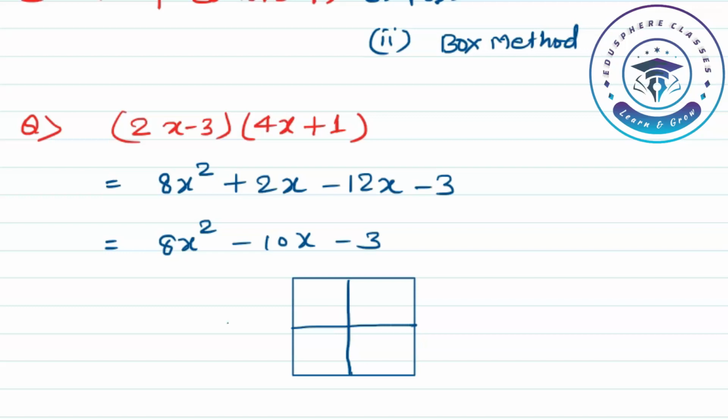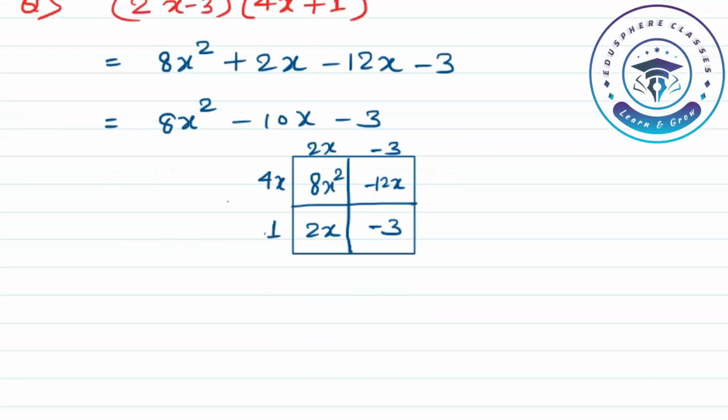So here we will be writing 2x, then minus 3, then 4x, plus 1. So 4x times 2x is 8x square. 4x times negative 3 is negative 12x. 1 times 2x, so we'll be getting 2x, and 1 times negative 3, so we'll be getting negative 3. Now we have to add all of them.